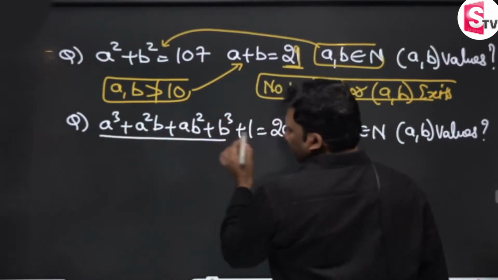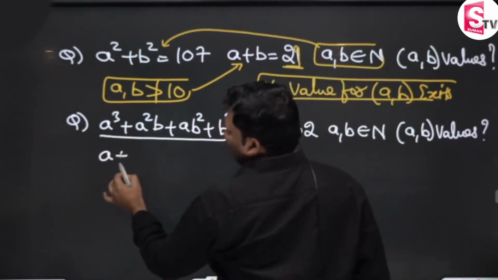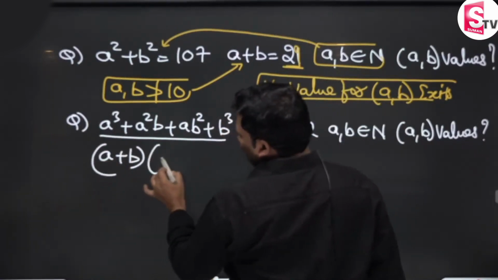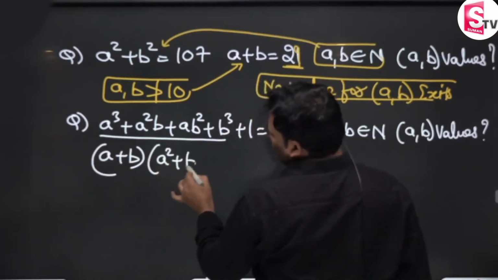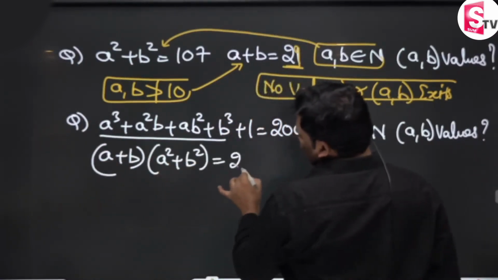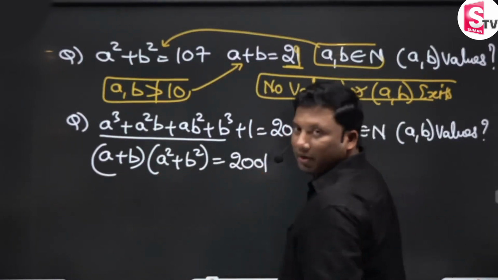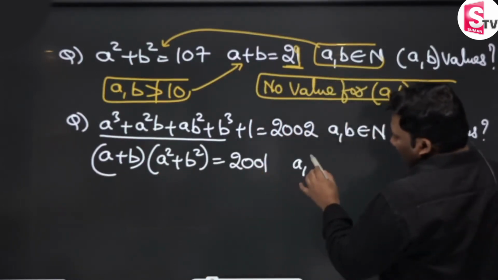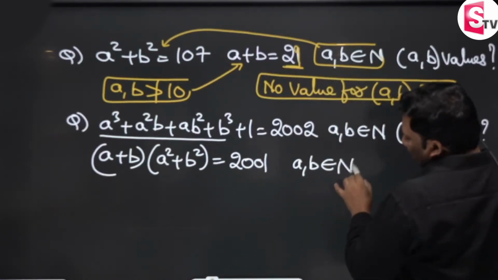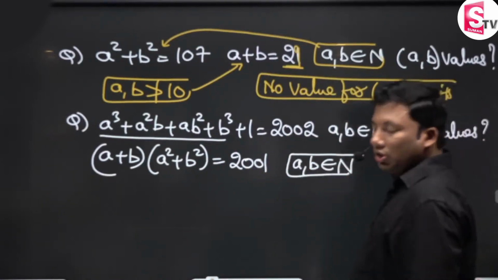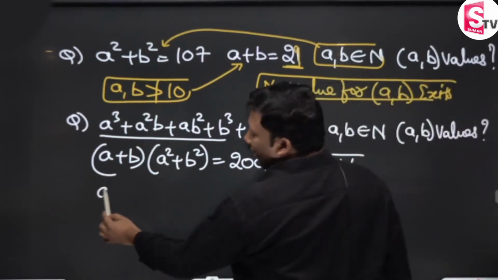This is nothing but A plus B into A square plus B square. One goes to the right hand side. It is 2001. A and B are natural numbers. Let me factorize it.